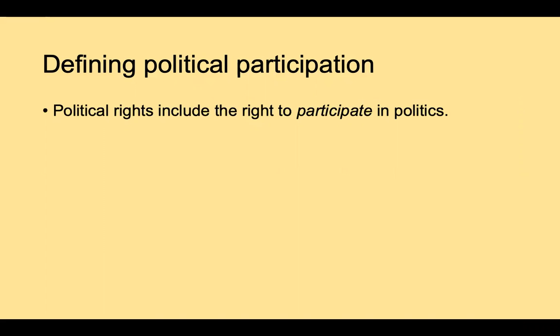The Freedom House Index, remember, focuses on civil liberties and political rights. One of those rights is, broadly speaking, the right to participate in politics through things like voting or protest or assembly or petitioning or letter writing and so on. There are an infinite number of different examples of political participation, but all of them we can associate with political rights or an entitlement to some potential behavior or some type of activity that one could engage in.